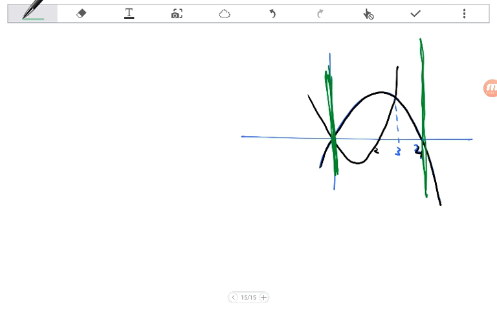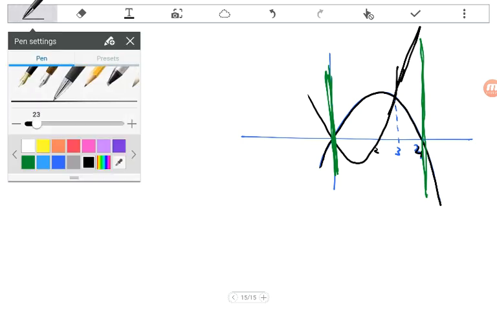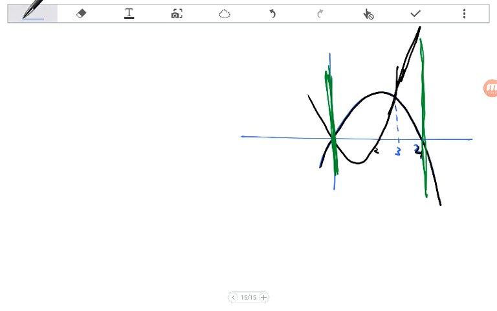Now what would be the region? I'll just complete this to be something like this. The region should be in between the two curves. I'm not considering any of the axes here. I'm just looking at the two curves.